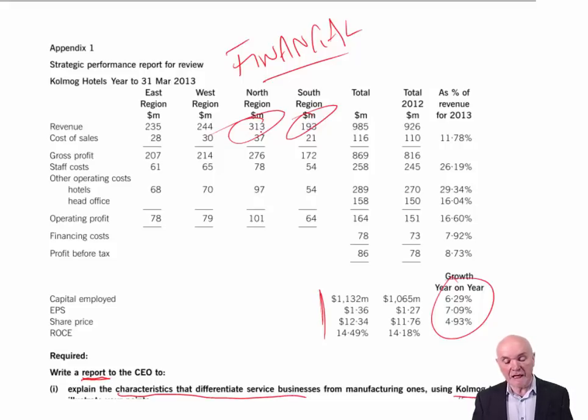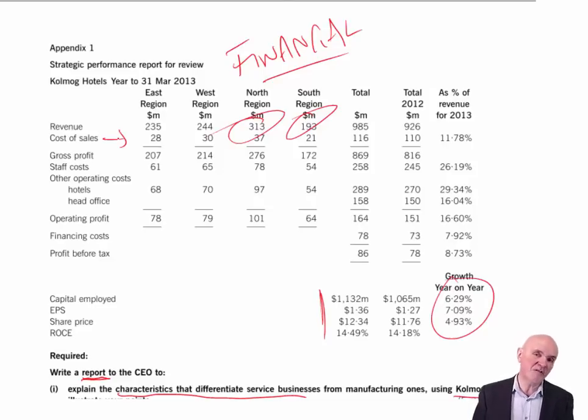Anything else we could say, still purely on the financial side, where we have cost of sales here. Cost of sales is presumably going to be stuff like the cost of food, maybe the cost of running laundries and so on. But in a service business, the cost of sales is often very low.